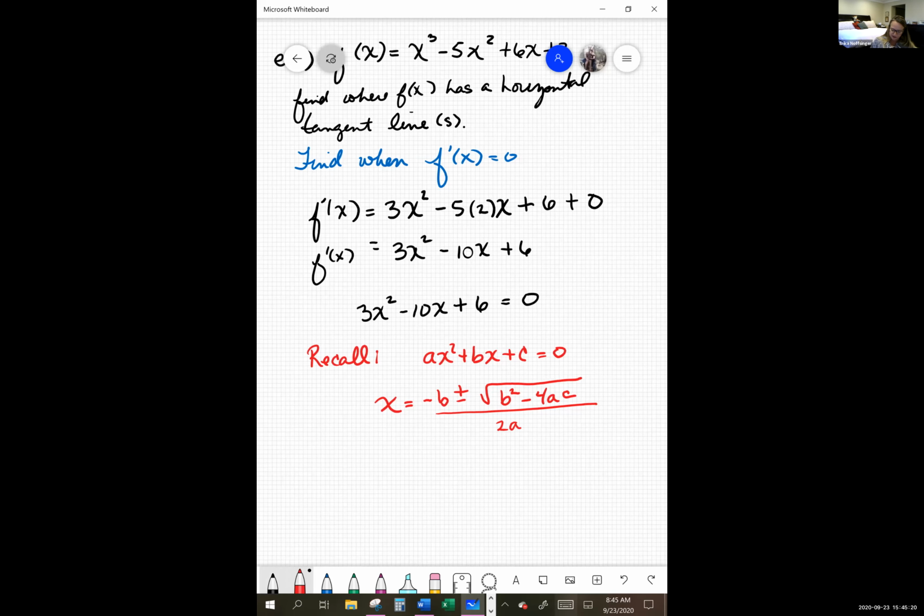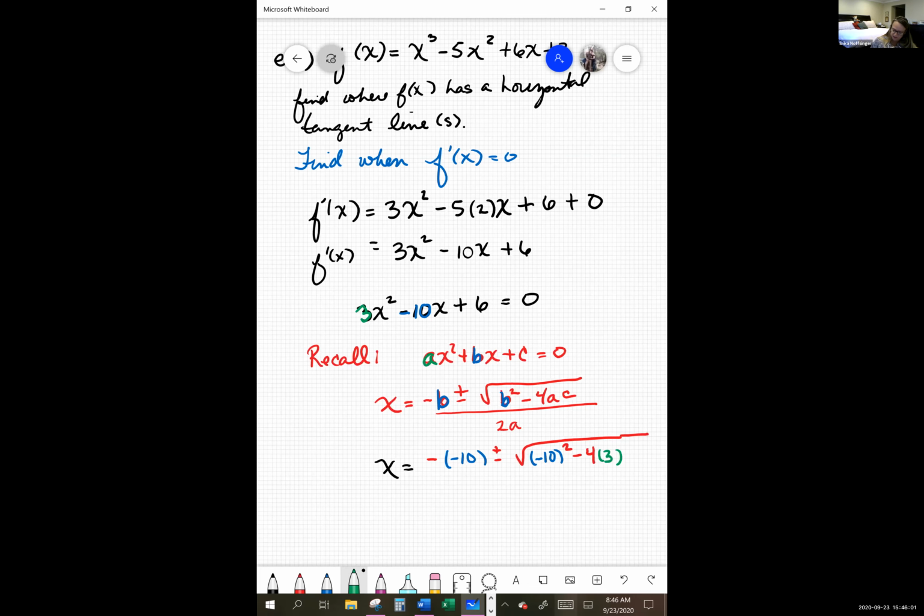Again, I see b here, so I'm going to replace it with negative 10. It tells us to square it, minus 4 times our a value, which is 3, times 3, times c.